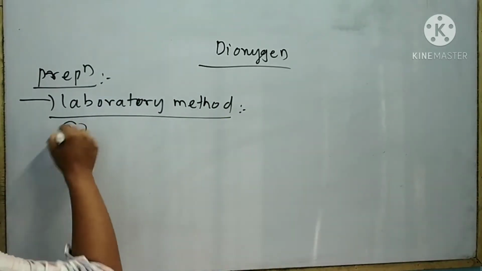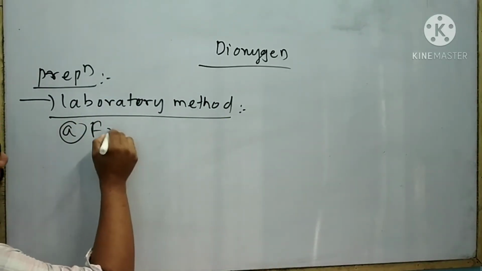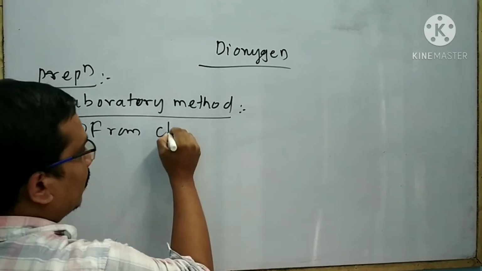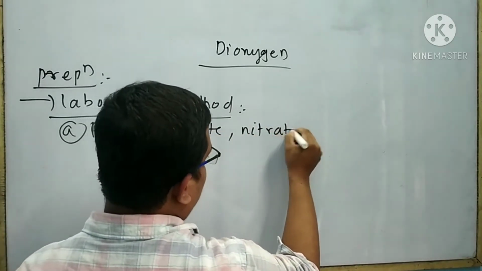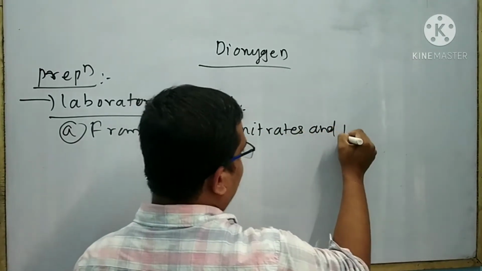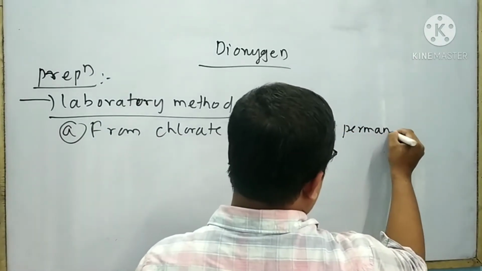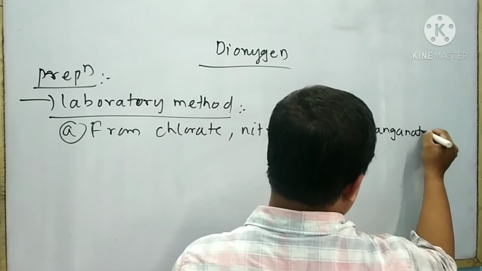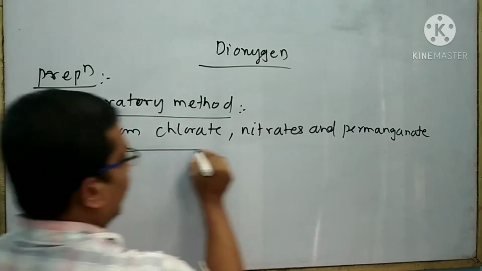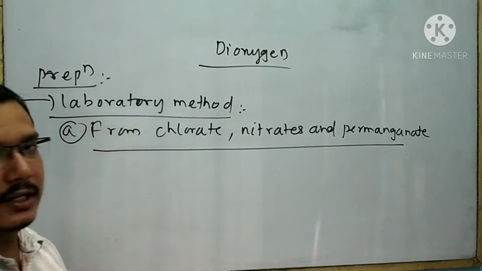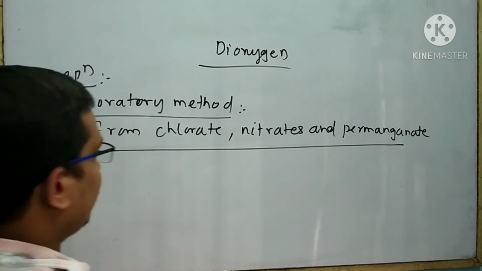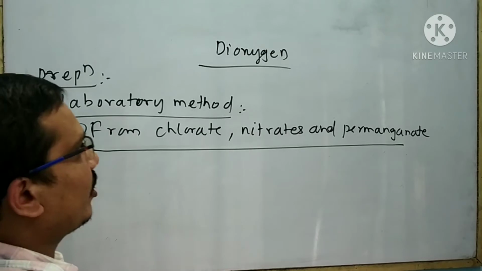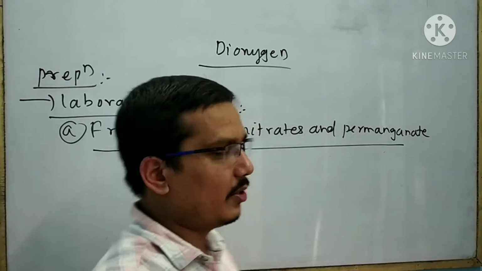Now I will explain the laboratory method of preparation of dioxygen. The first method is from chlorate, nitrate and potassium permanganate. When chlorate, nitrate and permanganate undergo heating, dioxygen is formed.